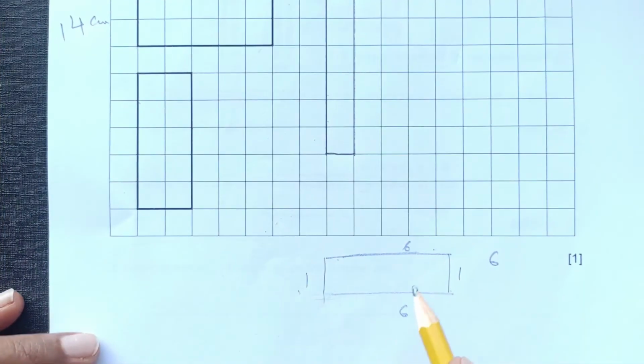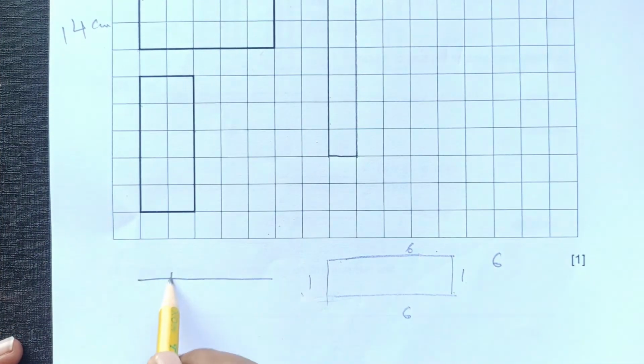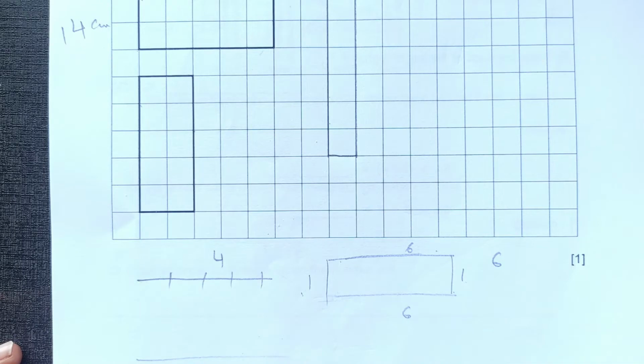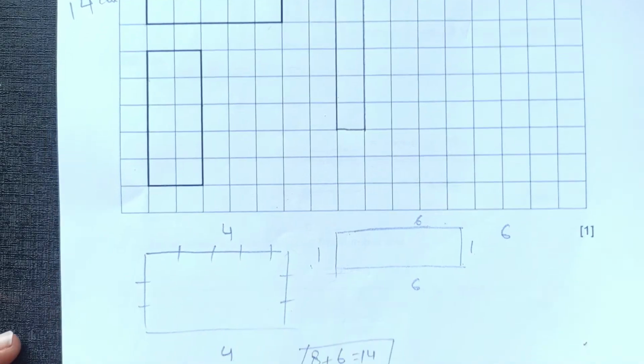Now we can have another one. Let's say we take 1, 2, 3, and 4 this side, so then 4 this side, 4 plus 4 is 8, then we need 14, so 8 plus 6 will be 14. So this 6 can be divided into two parts, 3 here, 3 here, like that, right?